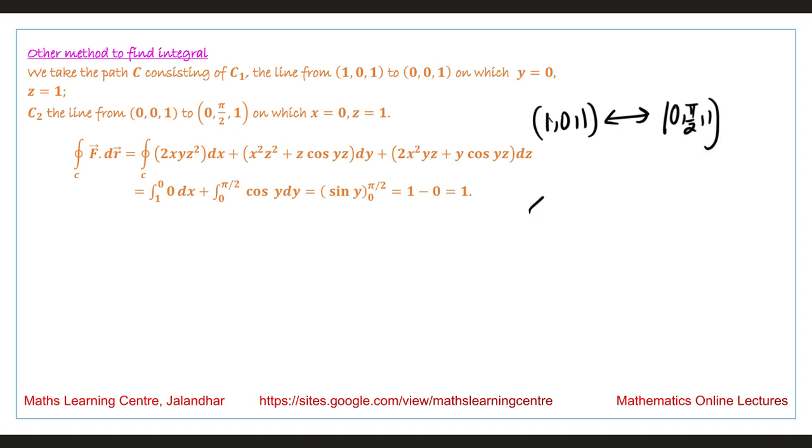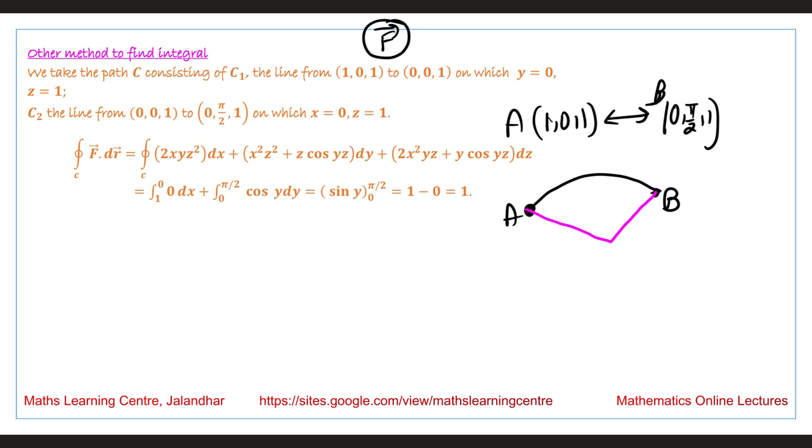Suppose we have some curve from this point A to point B, and we have proved that the integral of the function f vector is independent of the path. So in place of choosing a particular path, we have divided this path into 2 regions.